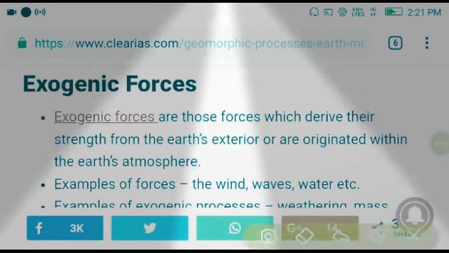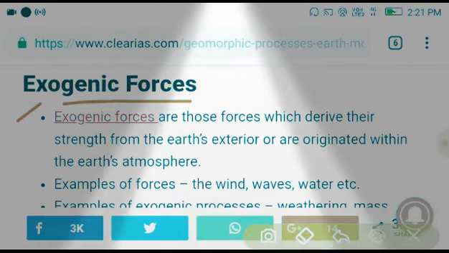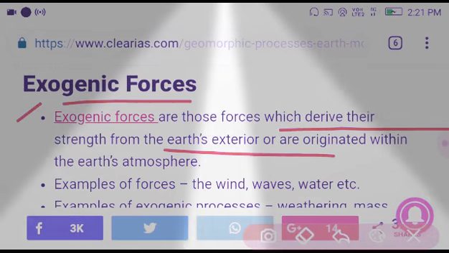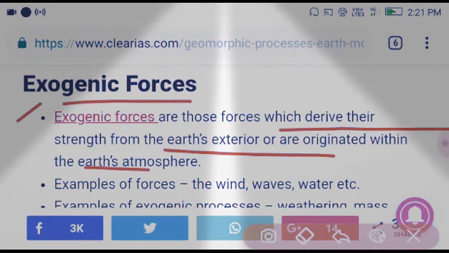So next we discuss exogenic forces. Exogenic forces are those which derive their strength from the Earth's exterior or originate within the atmosphere. Examples are winds, waves, and water.